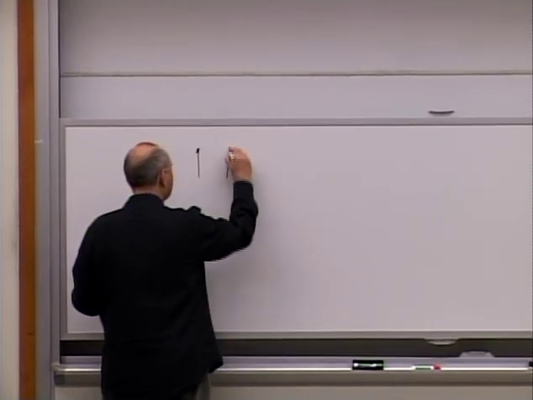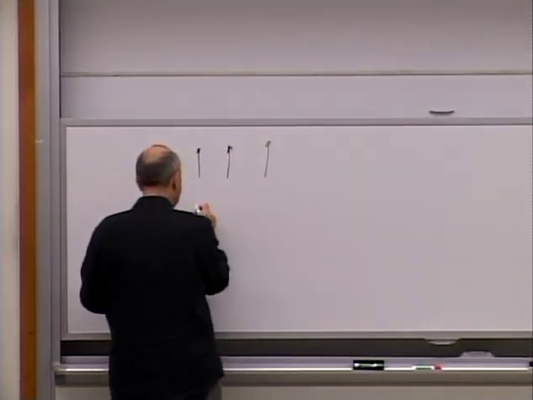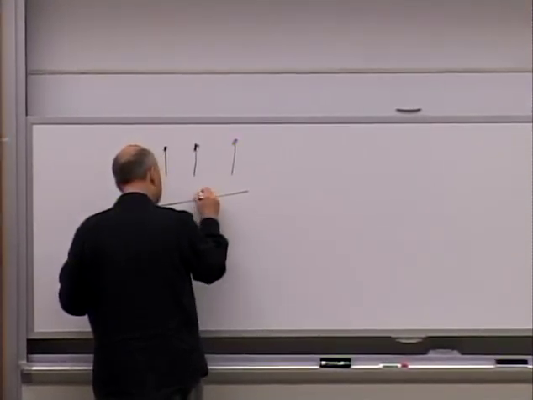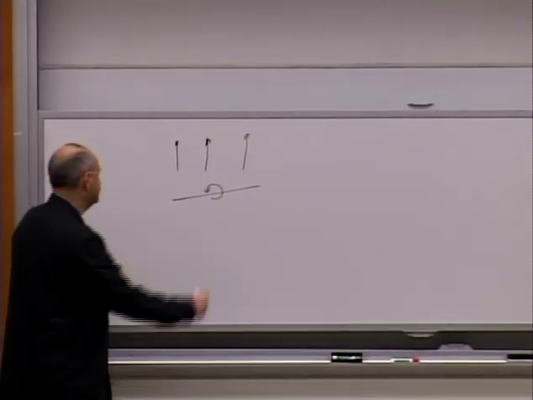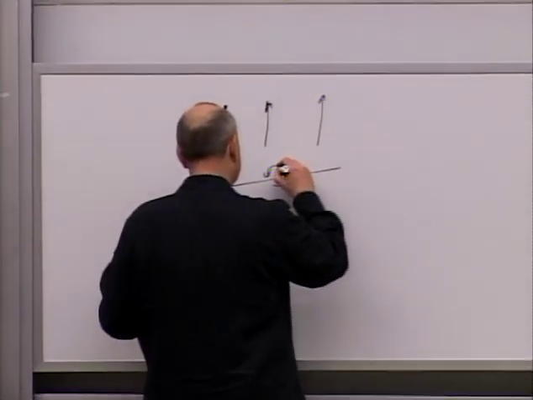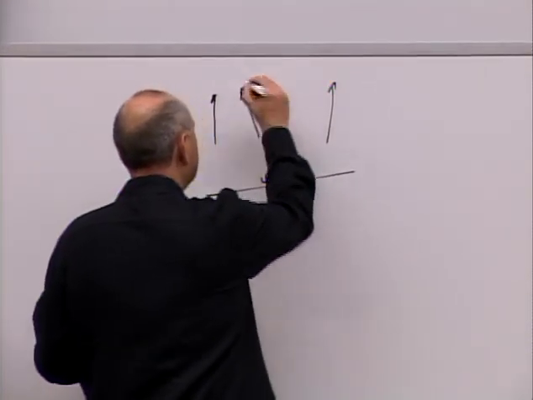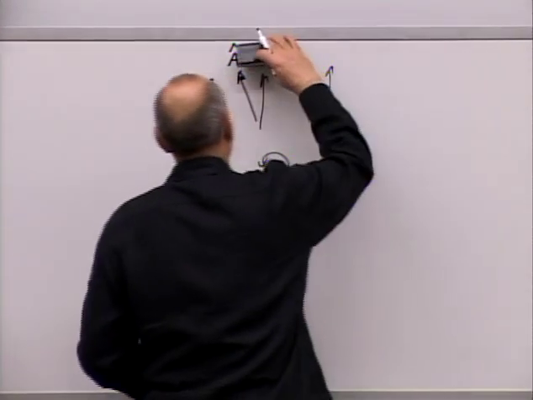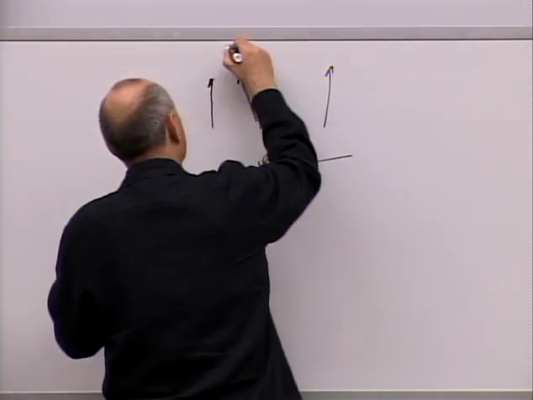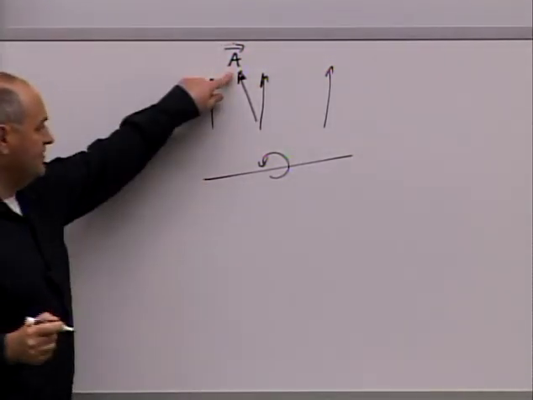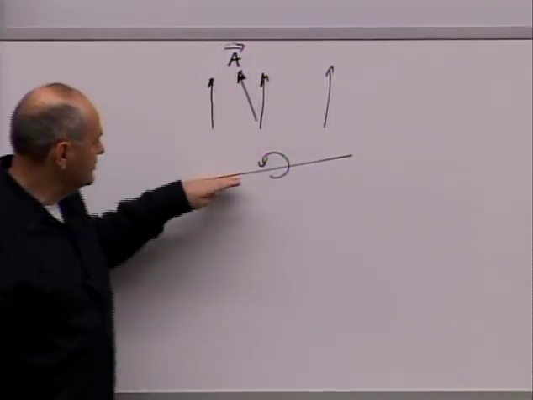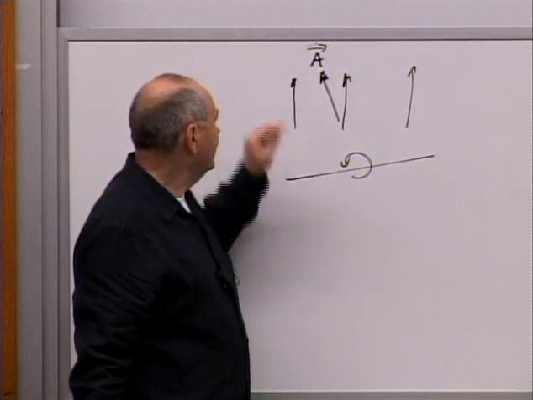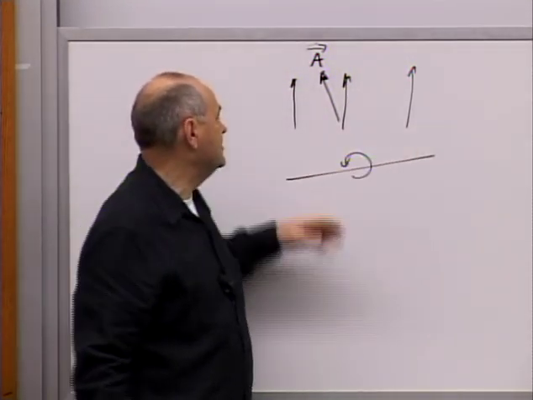Now, let's say that we have a magnetic field in this direction, and the rotor rotates that way. So now I consider the normal, I'll call it A. This is a surface vector, so its magnitude is equal to the area of the loop of the rotor, and the direction is perpendicular to the surface.